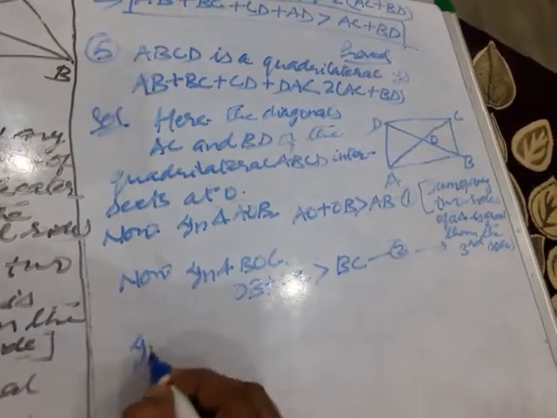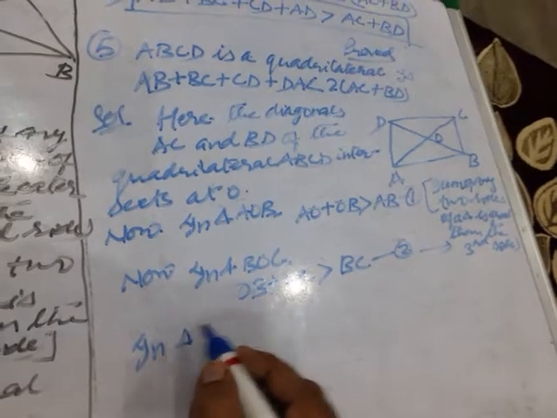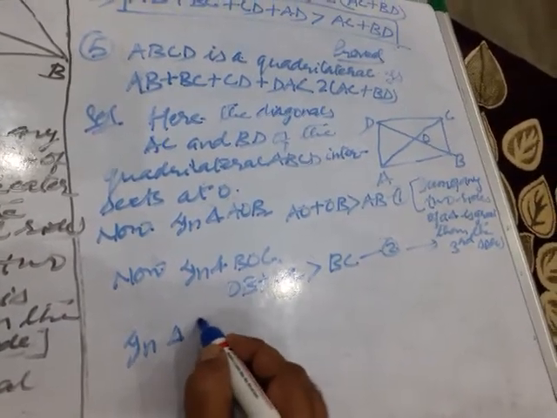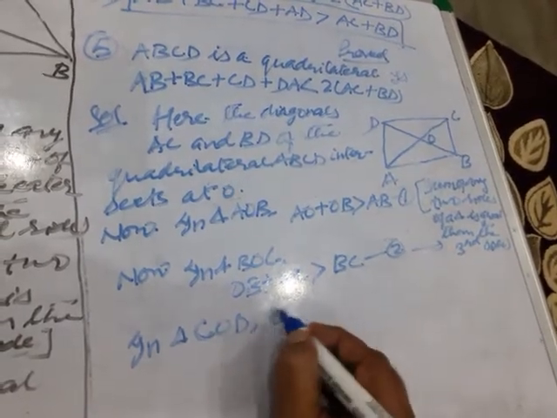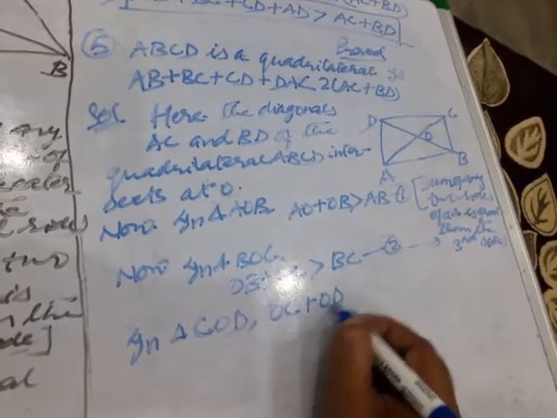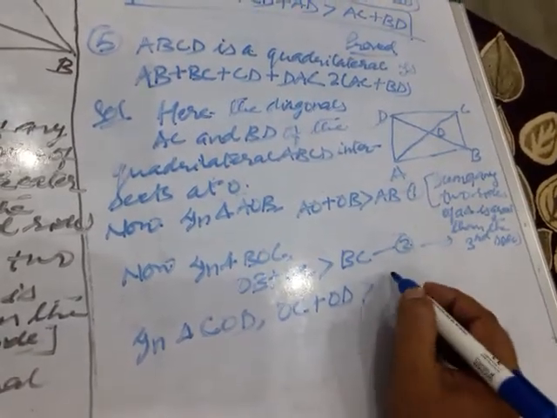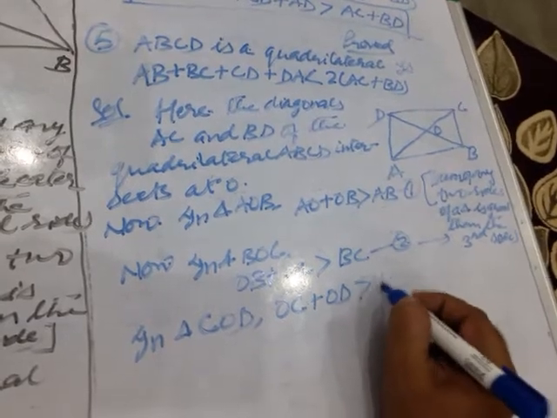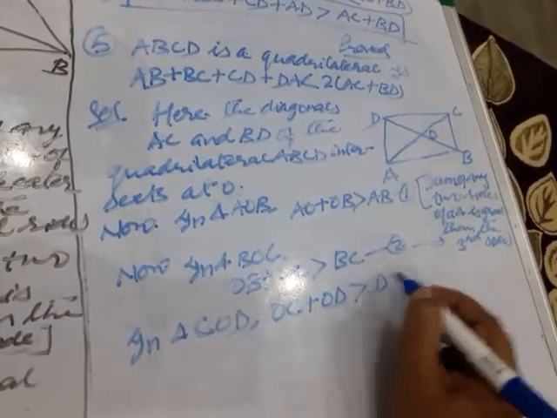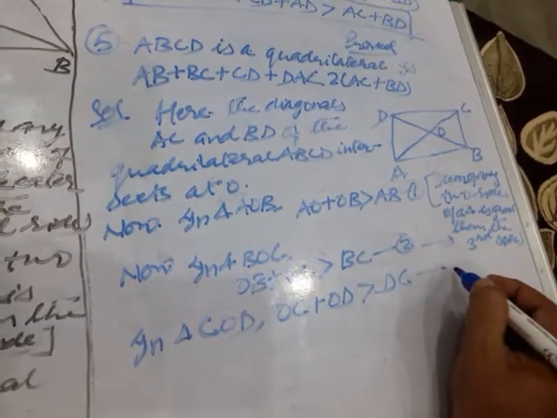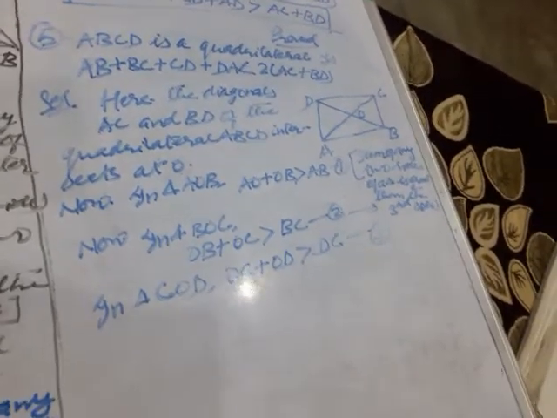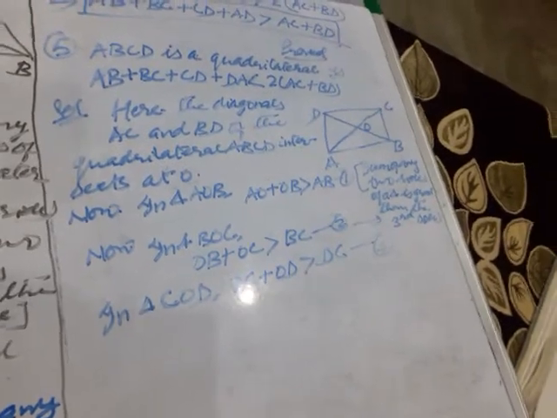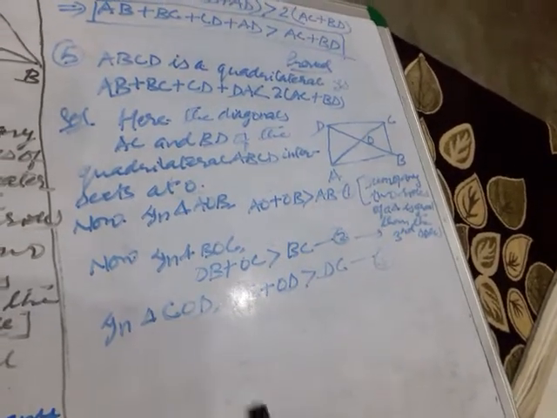In triangle COD, or DOC, the same property: OC plus OD is greater than DC, and this is equation number 3. And the same property we will use. What is the same property? Sum of any two sides of a triangle is greater than the third side. Same property is used. Okay children.